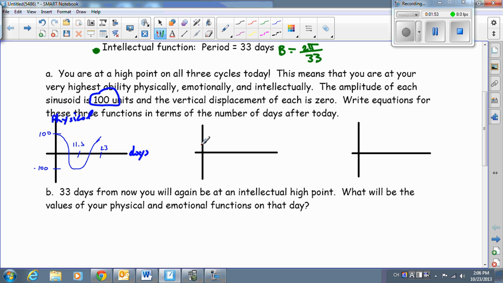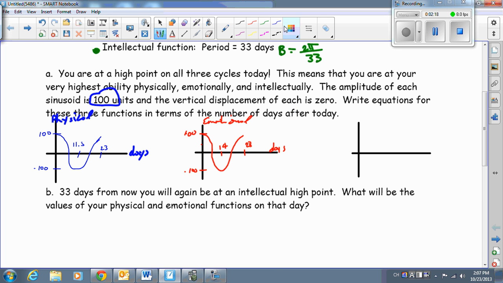This again will be 100, and also negative 100, and you will have the exact same shape of graph. The only difference is that the final point or the period is 28 and half of the period is 14, and this is still days, and this time our y-axis is for emotional.